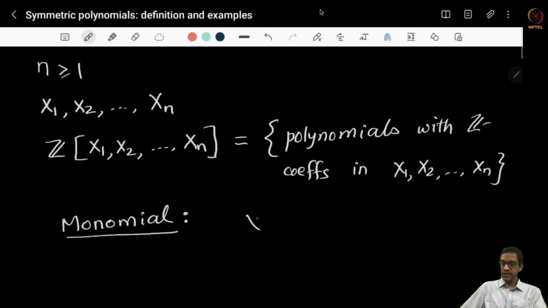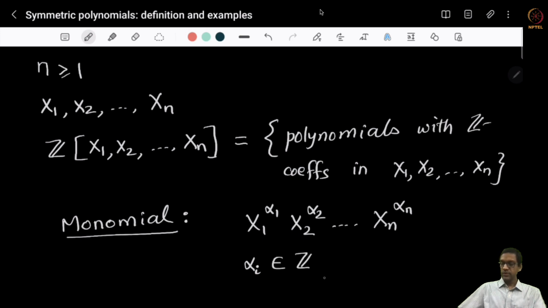It is just a single term of the following form: x1 raised to some power, x2 raised to some power, and so on, xn raised to some power. Okay, and a monomial is therefore determined by the sequence of powers on top. So what are the alpha i's here? The powers, they are non-negative integers.